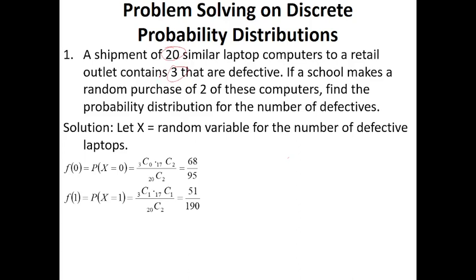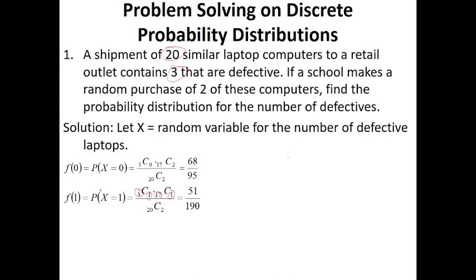Okay? So first thing we have to consider now the number of laptop computers that are defective and not defective. So 3 laptops are defective, 17 are not defective. And we are to select 1 laptop that is defective and 1 laptop that is not defective.